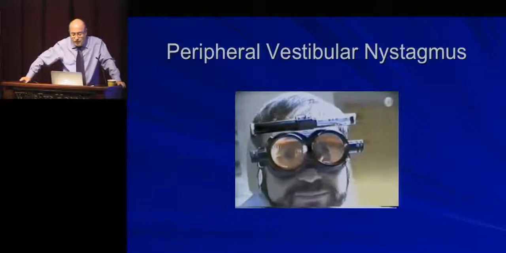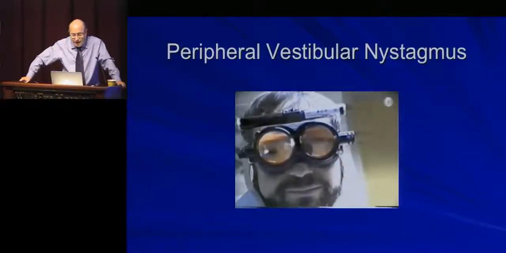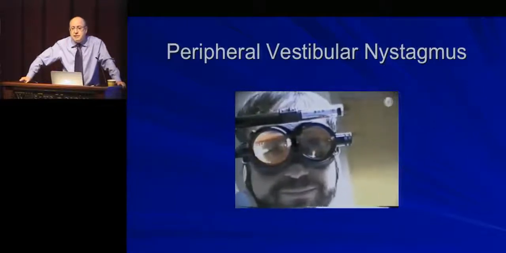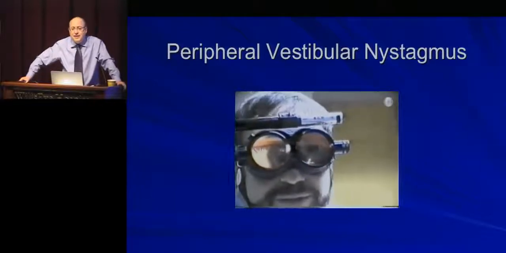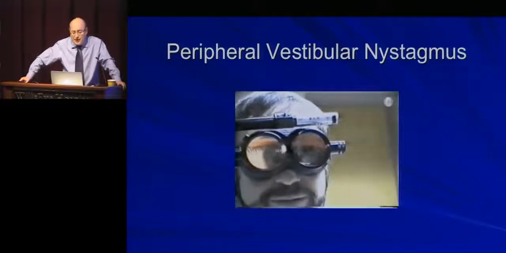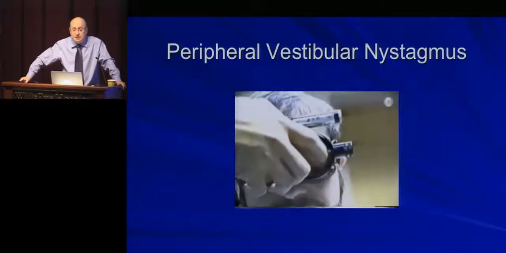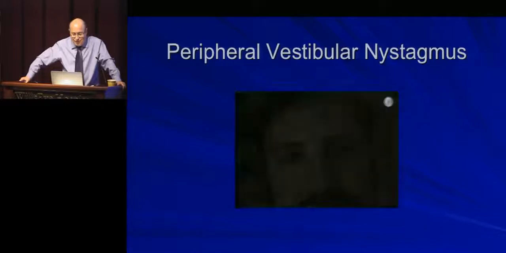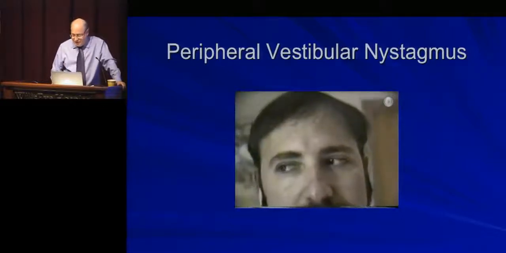When they look in right gaze, no nystagmus, right? Left gaze, nystagmus. So it's a unilateral horizontal nystagmus. If you take off the goggles, it'll go away because it's suppressed by fixation. No nystagmus anymore, right? Anybody recognize that guy?